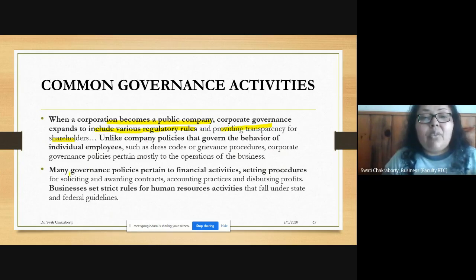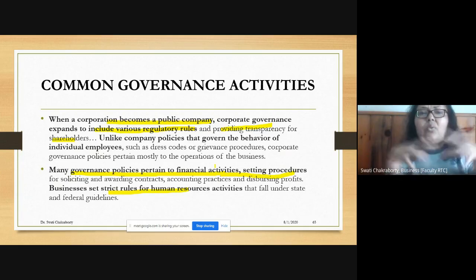Governance policies relating to financial activities and procedures are also involved, like the company has to reveal these. Businesses now have more strict rules for human resources activities that fall under the state and the federal guidelines. So that is also there. Governance activities also become much stricter.